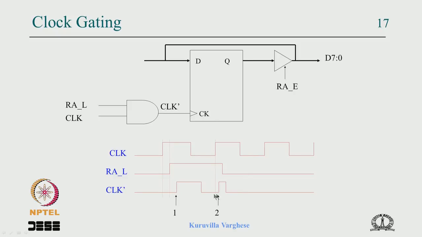The issue is that it has two edges. So if you move this to the negative edge side and then AND it, you get a single pulse in the correct location. So we decided to resynchronize this enable signal with the negative edge of the clock, and if you AND it you get a neat pulse.